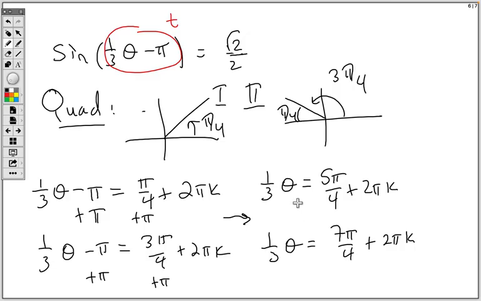And now for the grand finale, I'd have to multiply both sides by 3. So when I multiply both sides by 3, I'm multiplying not only the 5 pi over 4 by 3, but also the 2 pi k, and the same thing here.